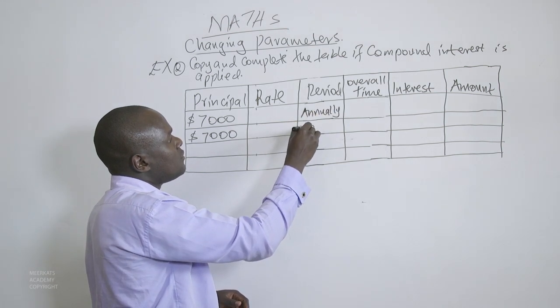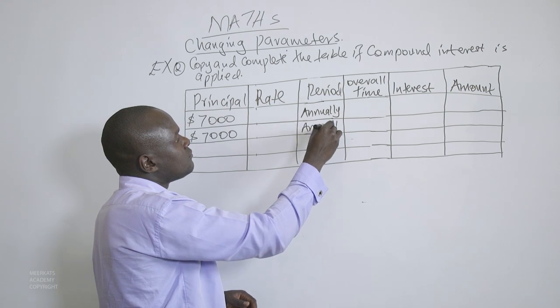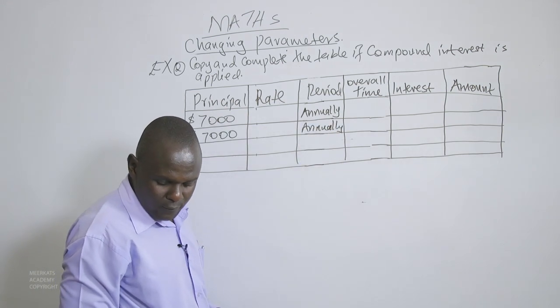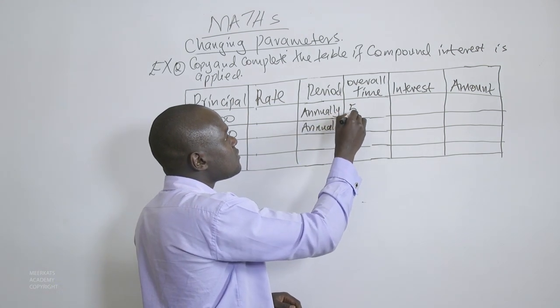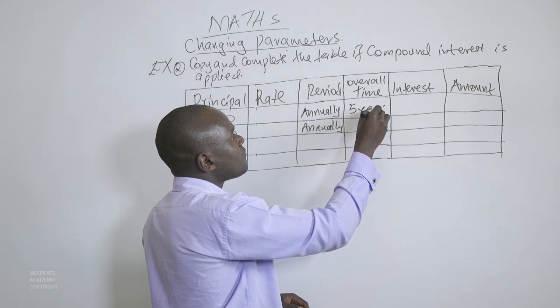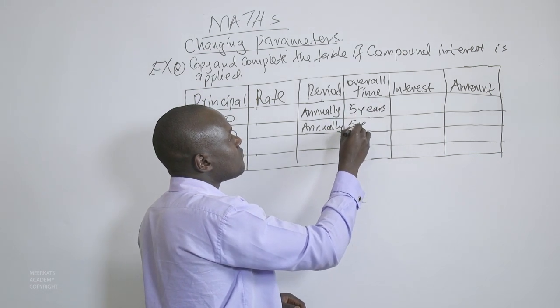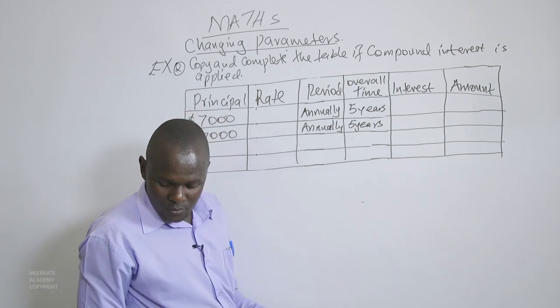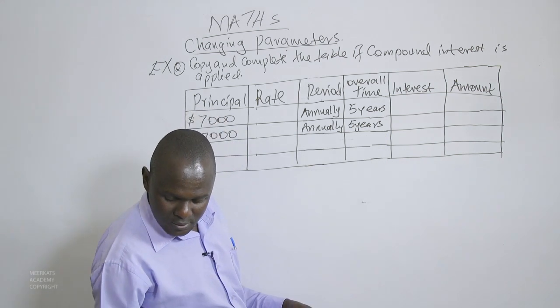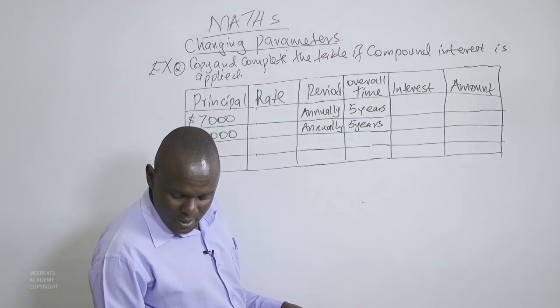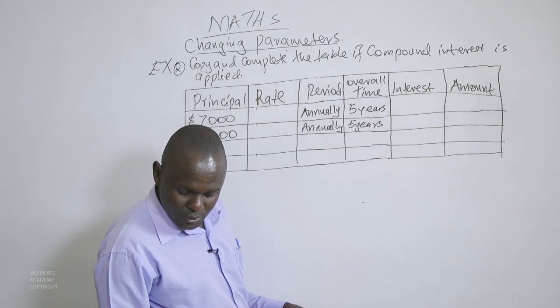Even here it is annually. The overall time in both cases is 5 years. We will also look at the interest, given that the amount is changing.